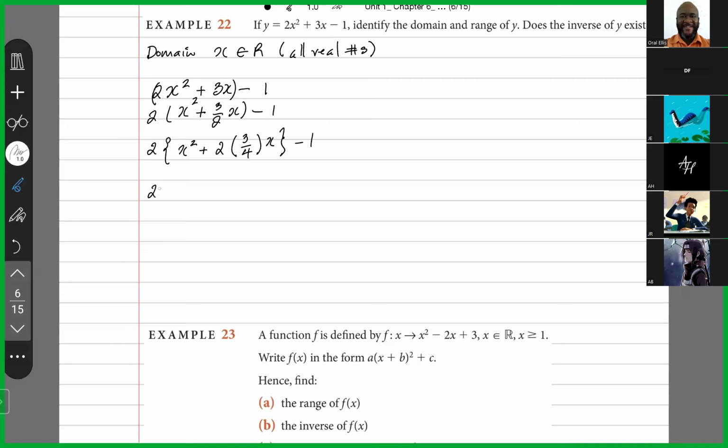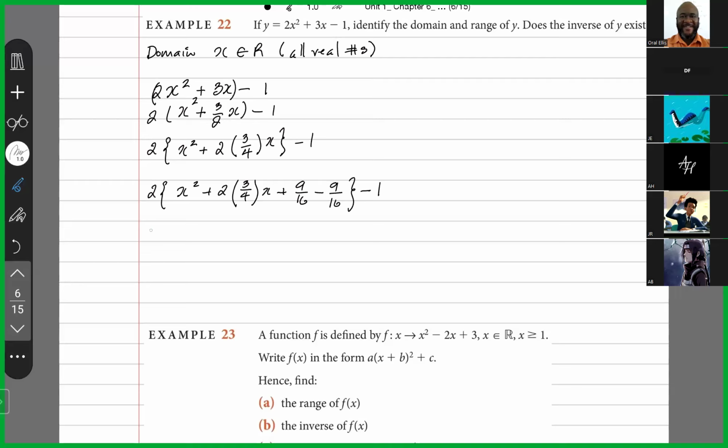Then I'm going to have 2 times x squared plus 2 times 3 over 4 x plus the square of 3 over 4, which is 9 over 16, minus 9 over 16. I added and subtracted 9 over 16, minus 1.